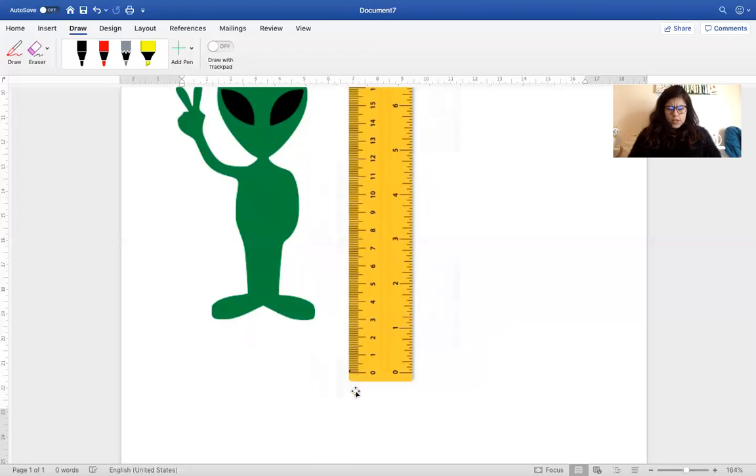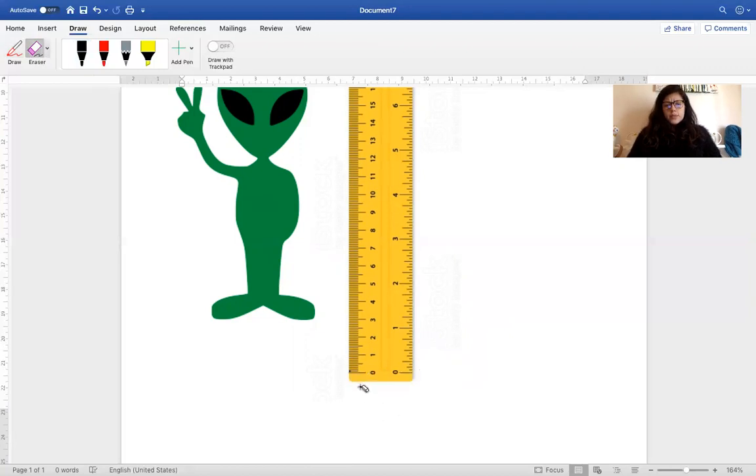All right, so I'm going to take my marker out. Do you see the bottom of the ruler right here? Well, that is not where you start measuring from. That's just where the ruler ends. But the true measurement line starts here where you see the 0.